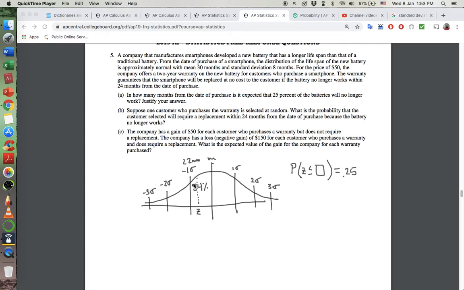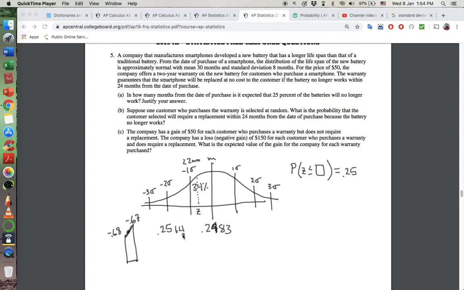So let's blow up this area here. We've got two possible places here, negative 0.68 and negative 0.67, and our number lies somewhere between these. It's not quite half, because we had 0.2514 and 0.2483.